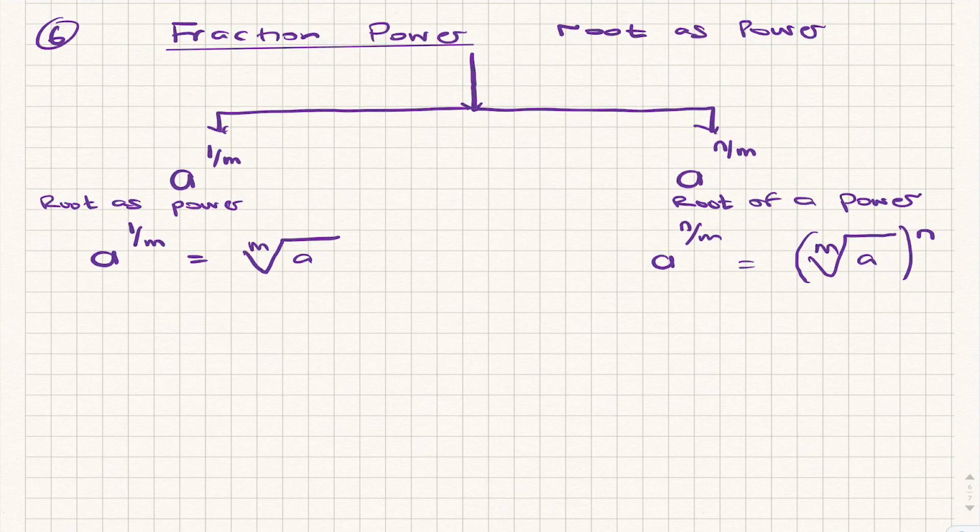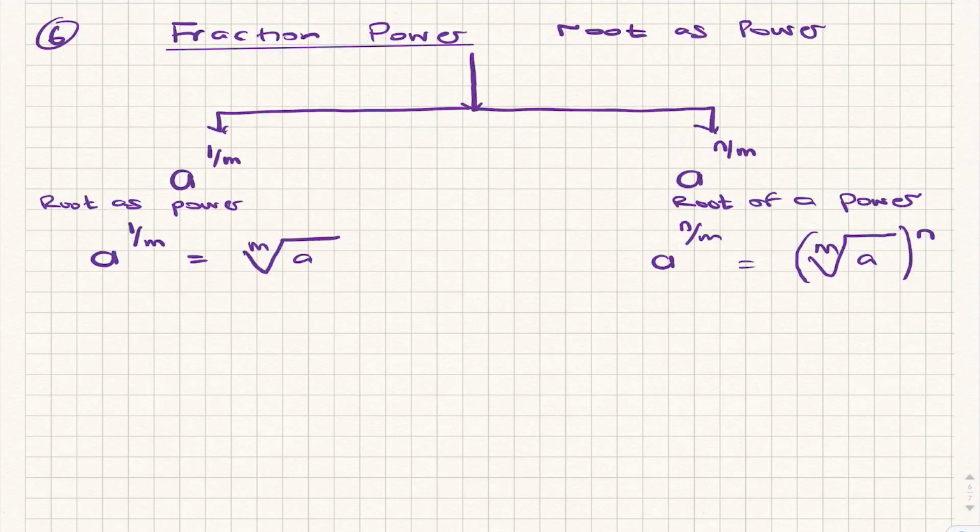Right, law number 6: fraction power, root as power. There are two types of fraction power, really. One is root as power, where you have a to the power of 1 over m. That would be root as power.